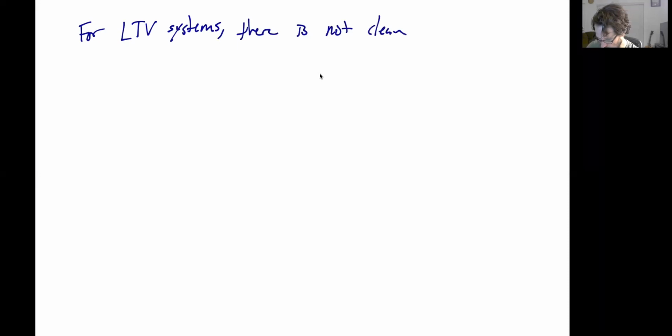However, as I mentioned before, for linear time varying systems, there's no clean way of finding the state transition matrix.